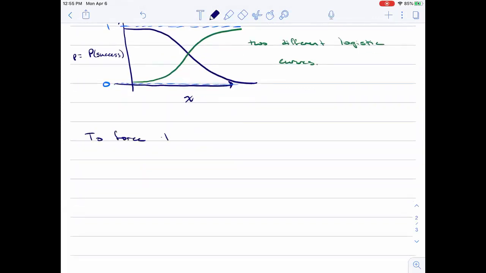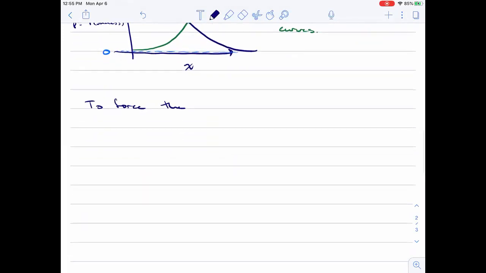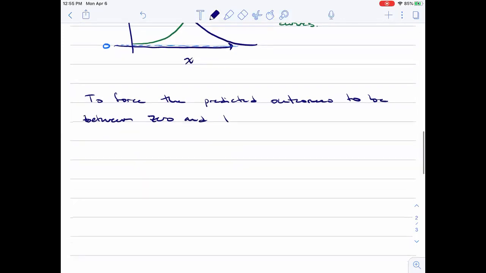To force the predicted outcomes to be between 0 and 1, we use the log odds.